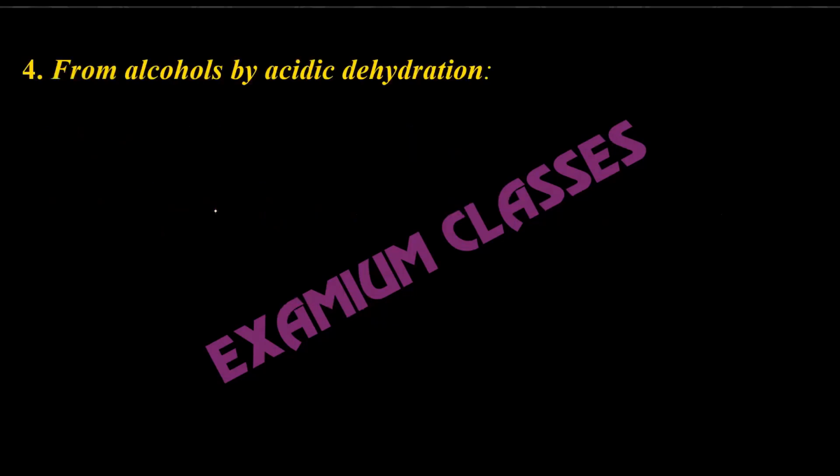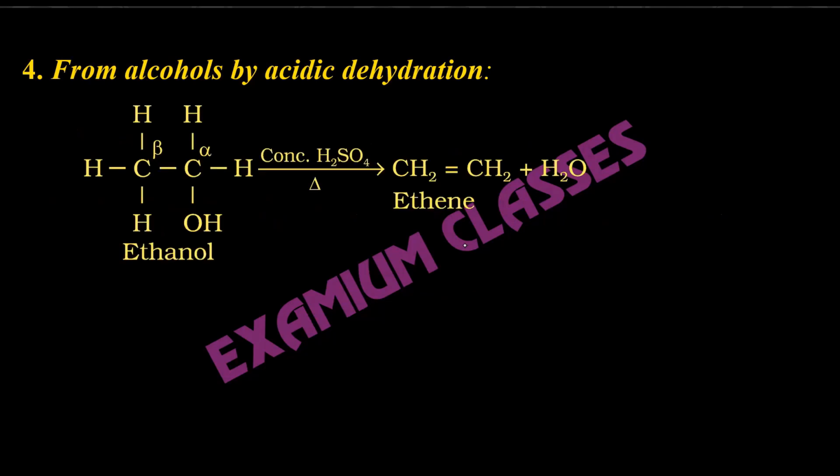The last method of preparation of alkenes is from alcohols by acidic dehydration. Now again, alpha, beta there. I told you whatever is attached other than carbon and hydrogen is of importance. So here OH is attached.